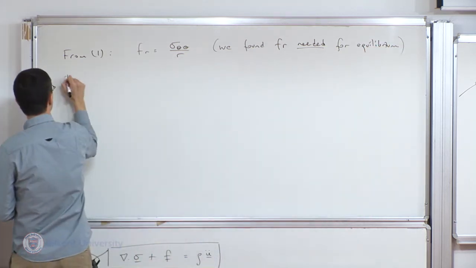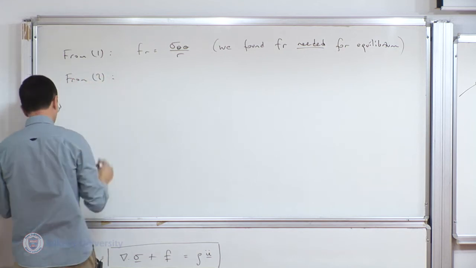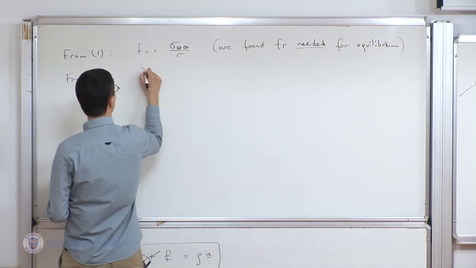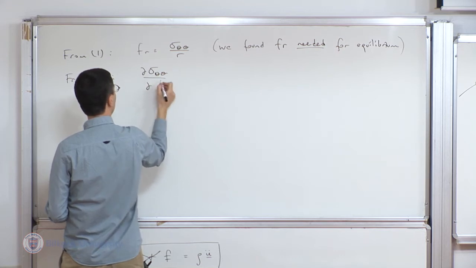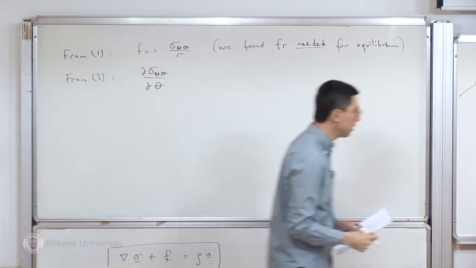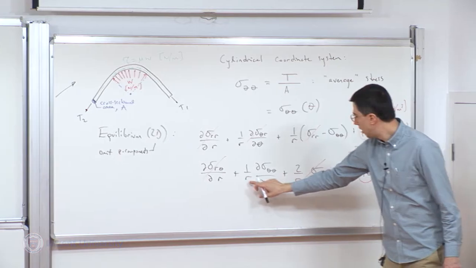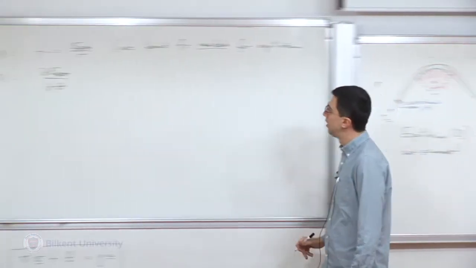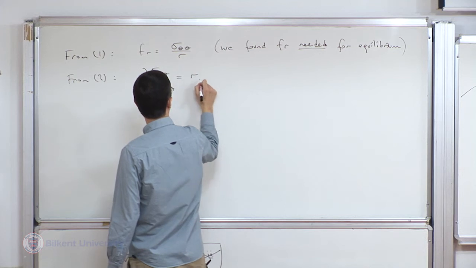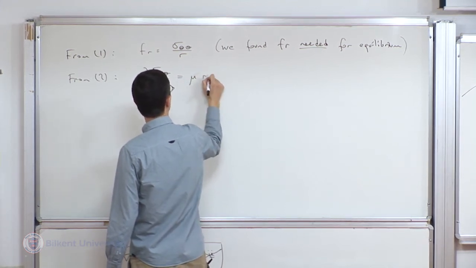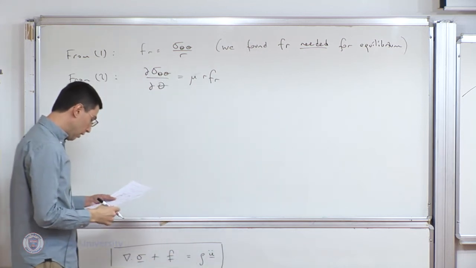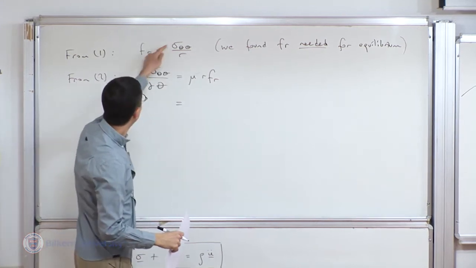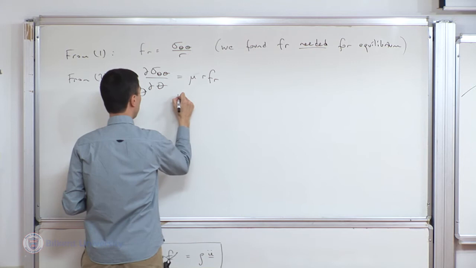And then we can now go to the second equation. The second equation tells us that del sigma theta theta del theta is equal to, this goes to the right-hand side, R times mu times FR. But R times FR is sigma theta theta from the first equation.